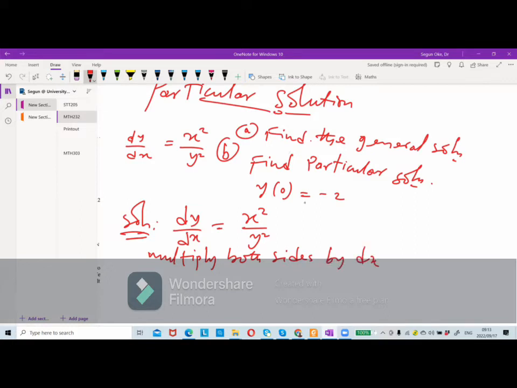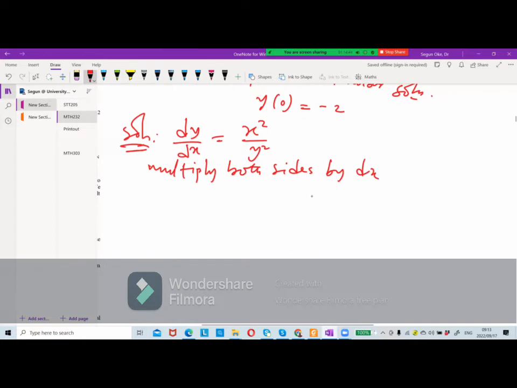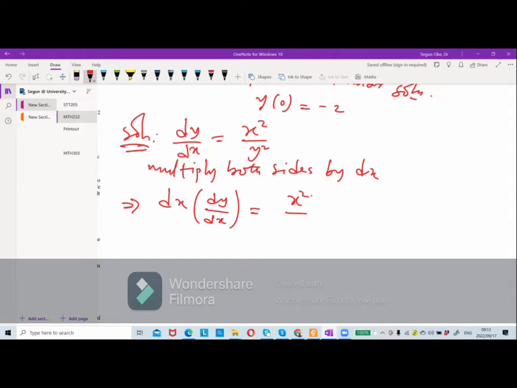Multiply both sides by dx, which simply means dx in brackets times dy over dx equals x squared over y squared multiplied by dx. This goes with this. Are you getting it now?